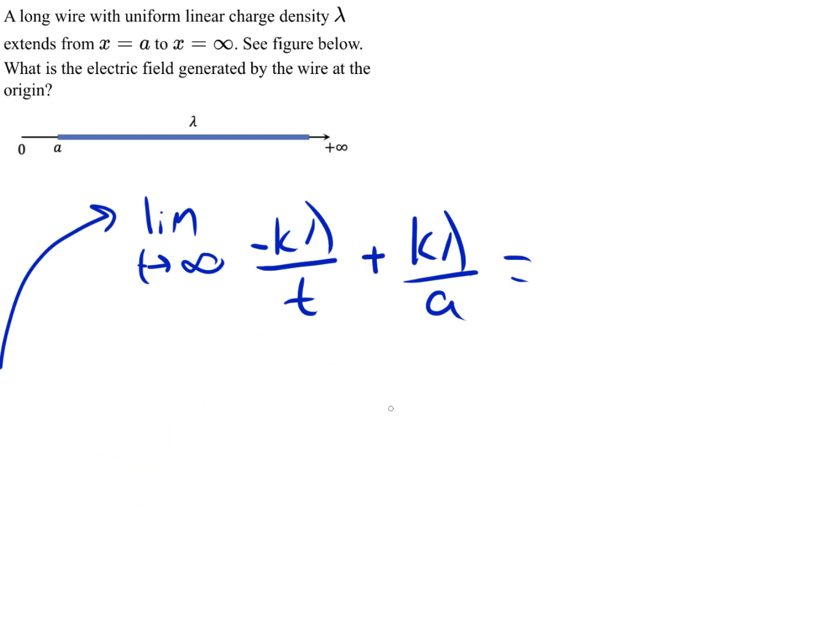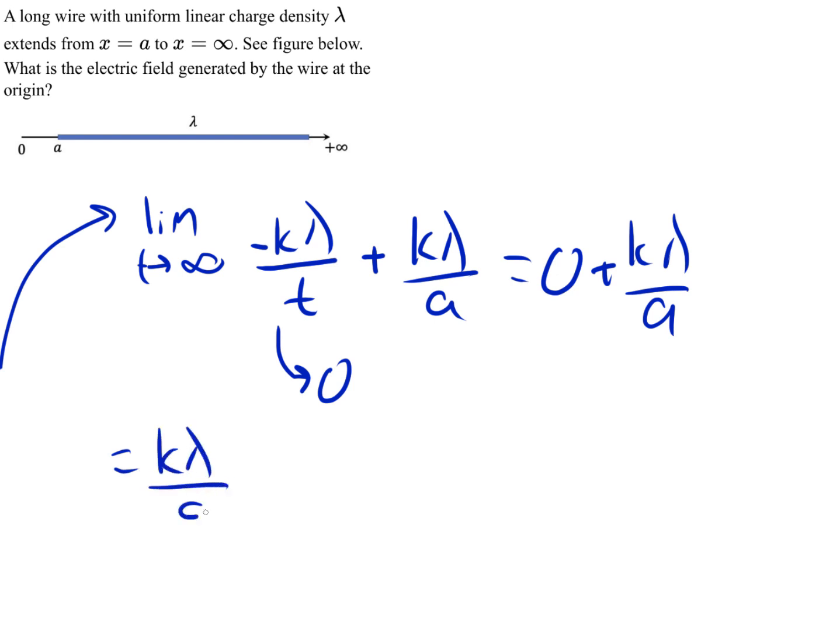This will eventually get closer to 0, so we can assume that this whole part as t approaches infinity is simply 0 plus the Coulomb constant times the charge density divided by a. And that is the electric field generated by the wire at the origin.